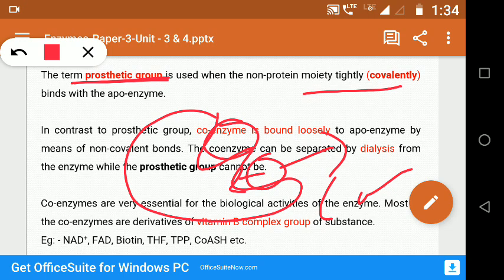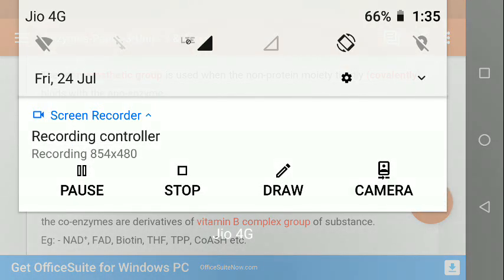We cannot easily remove the prosthetic group from the apoenzyme, but in case of coenzymes we can easily take them out from the apoenzyme. That is why the coenzyme is dialysable, whereas the prosthetic group is non-dialysable.